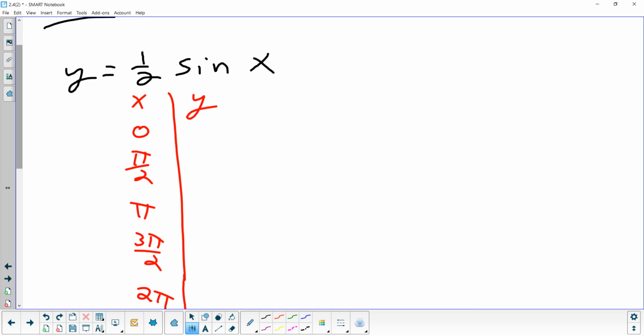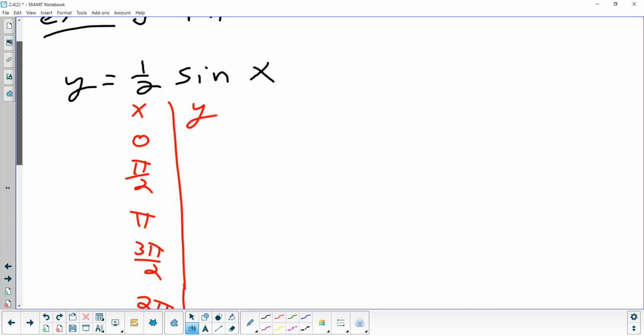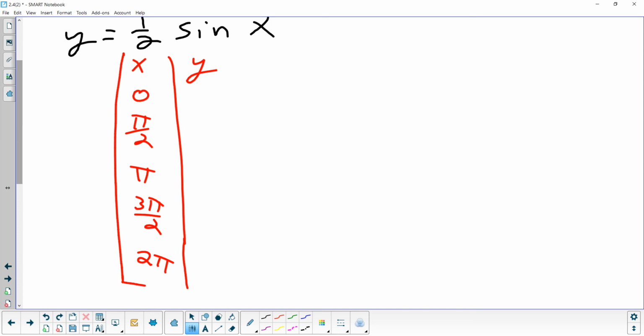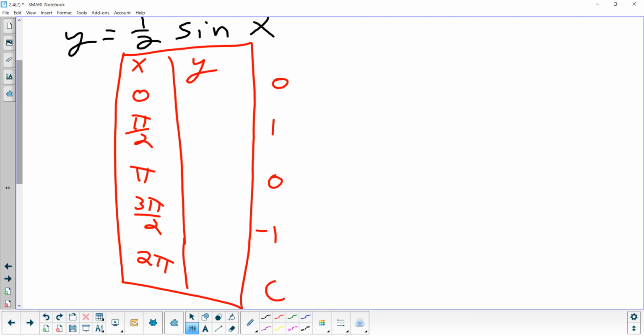Now, I'm going to write my original y's, because then I'm going to modify them. Jody, what are my original y values? It starts with 1 if we're doing cosine. 1, 0, negative 1, 0. Good. So 0, 1, 0, negative 1, 0.